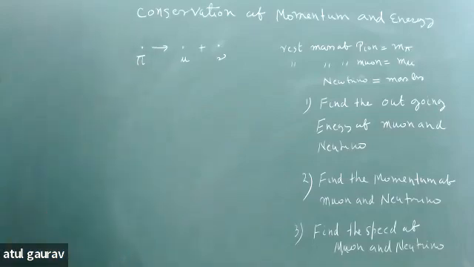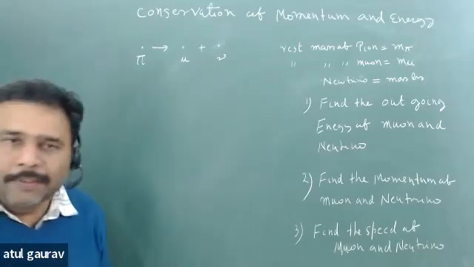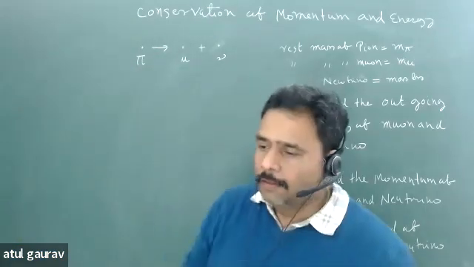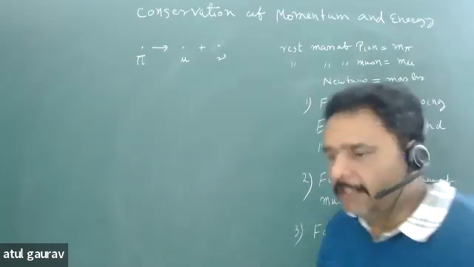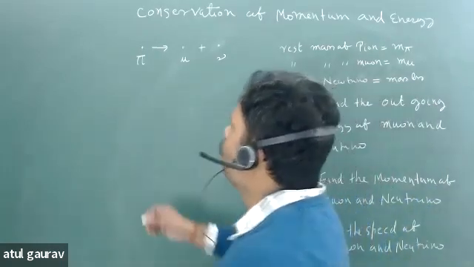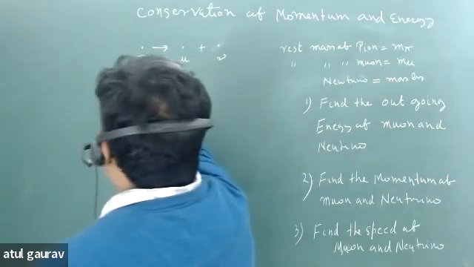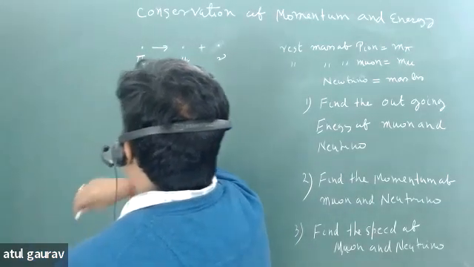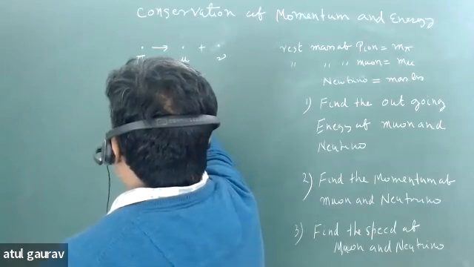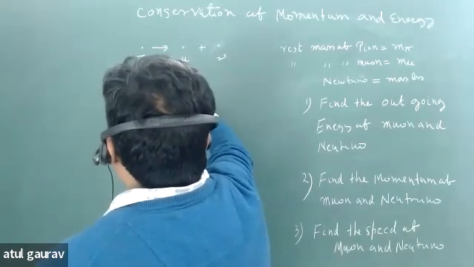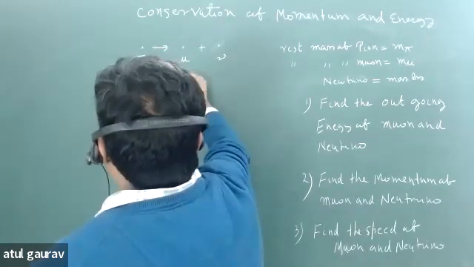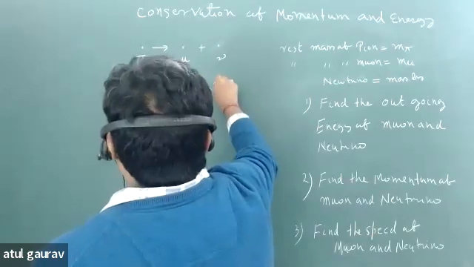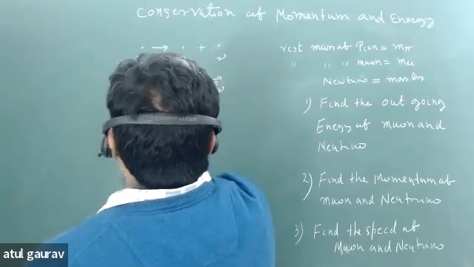So again, we can approach this particular problem. First, what do we have to do? सबसे पहले हमें क्या करना पड़ेगा? Conservation of linear momentum. Very good. So what will be the initial momentum of the system? 0. And that will equal P of mu plus P of nu. Everyone is comfortable?